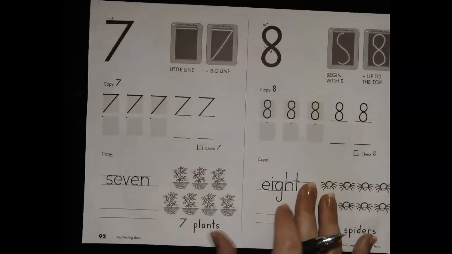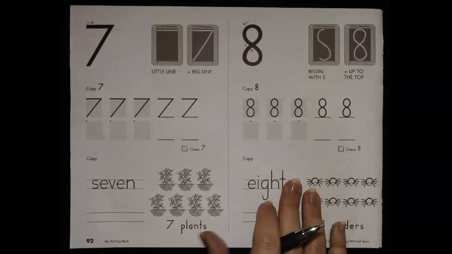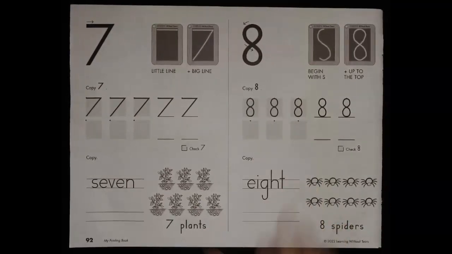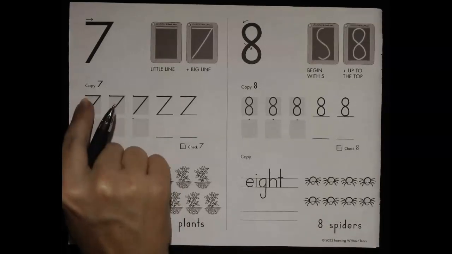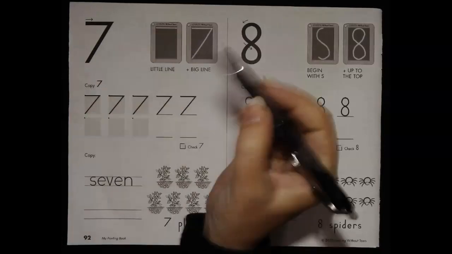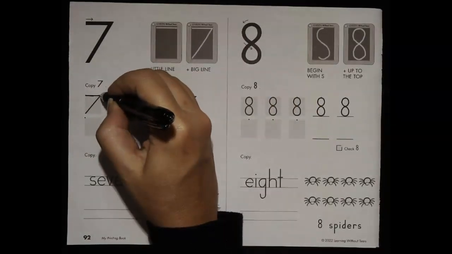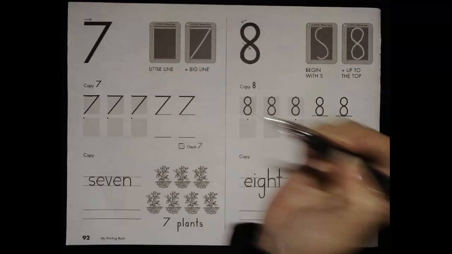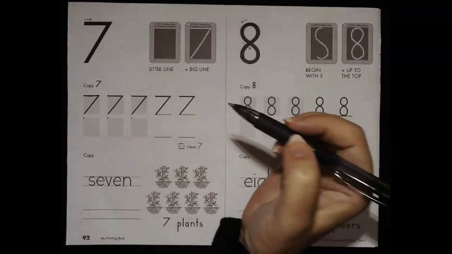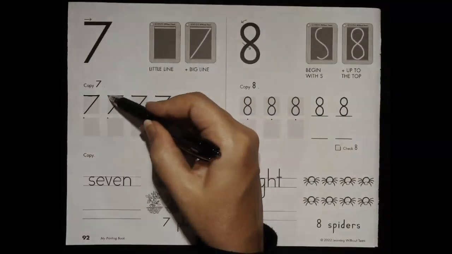All right, let's look at two more numbers. Let's turn the page to 92. Let's make a 7. All right, to make a 7, same place that we're starting. We're going to make a little line across and a big slanted line down. That's it. We just have to remember what side to start on, that same corner.